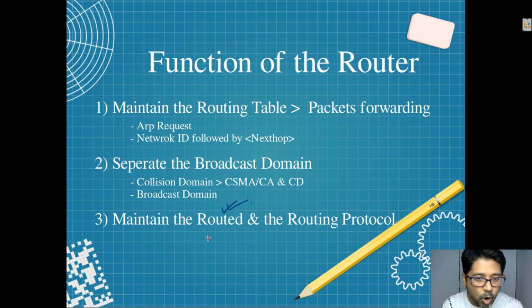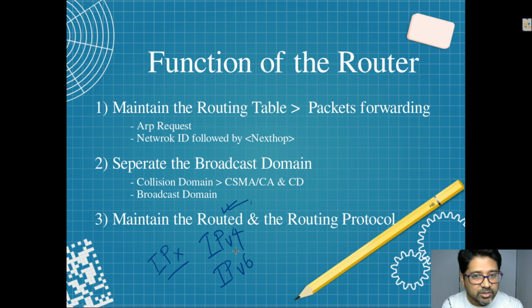Routed protocol examples are IPv4, IPv6 and IPX. These are the carriers which carry the actual data from source to destination, but follow the route defined by the routing table.